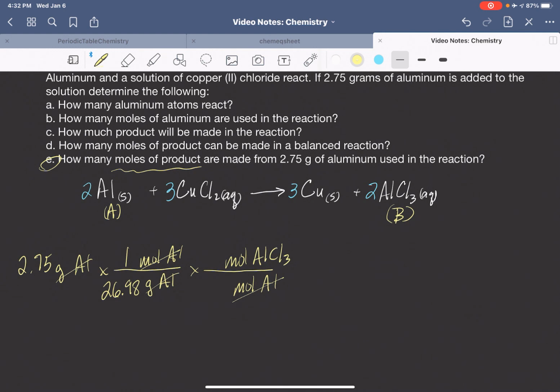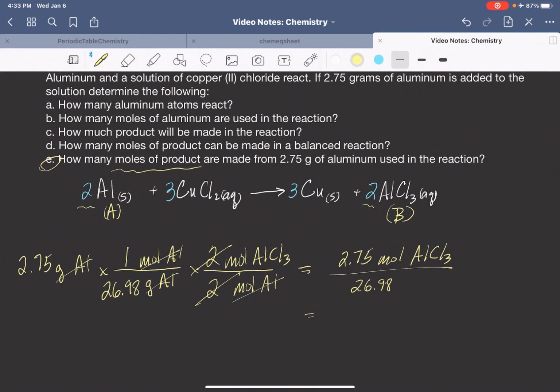And in this reaction, we can see there's 2 moles of aluminum for every 2 moles of aluminum chloride. Once again, don't worry about those 2's because the same value on top will cancel out. So essentially, this is 2.75 moles of aluminum chloride for every 26.98. There's no other units on the bottom. They've been canceled out.